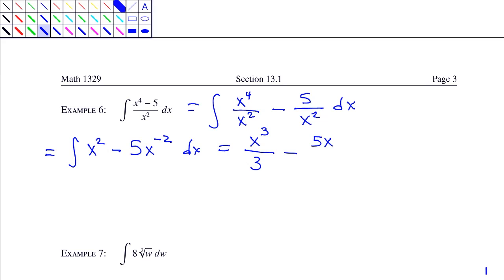Raise the power by 1. So negative 2 plus 1 is negative 1. Divide by the new power, negative 1. I have finished the integration, so I immediately write plus c. And then simplify what you can. So this would be x cubed over 3 plus 5 over x plus c.